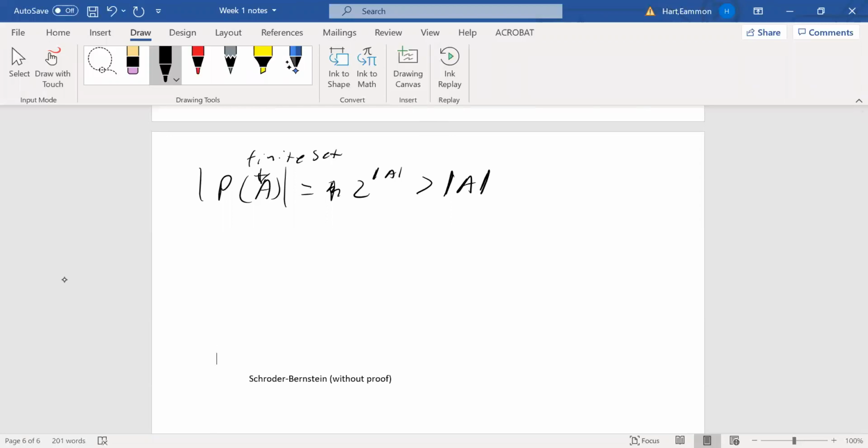And it turns out that this is also going to work for infinite sets.